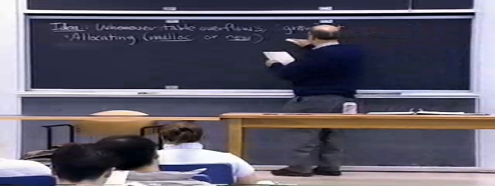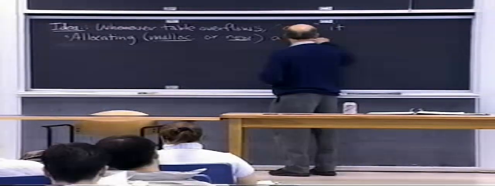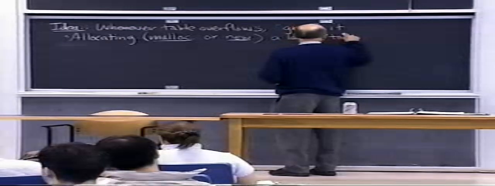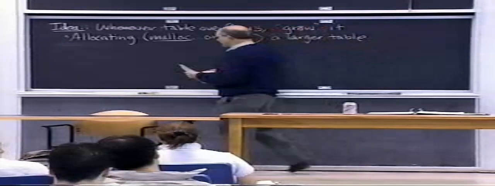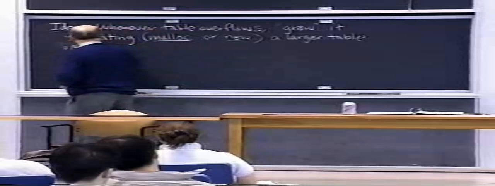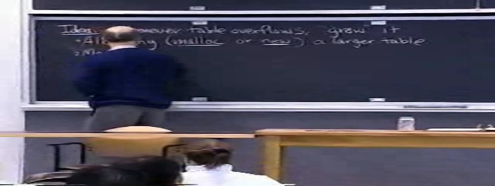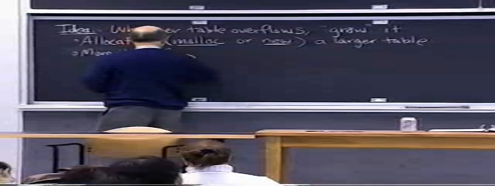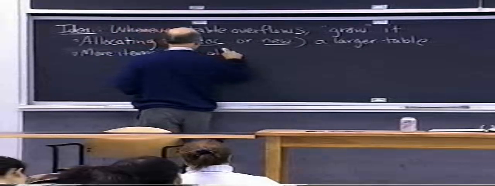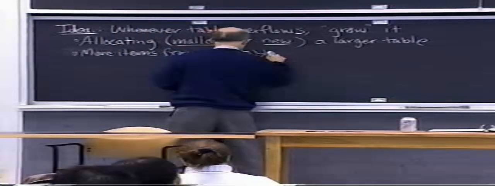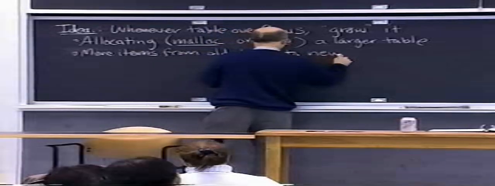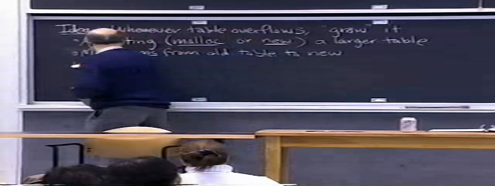We allocate a larger table. And then we'll move the items from the old table to the new one. And then we'll free the old table.